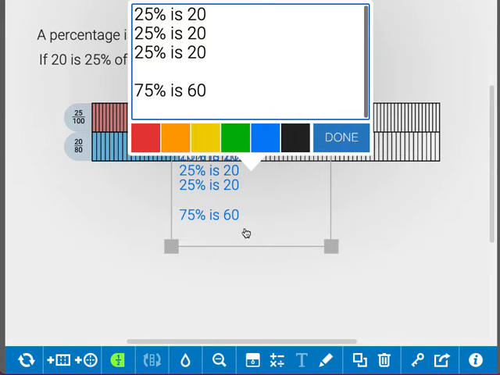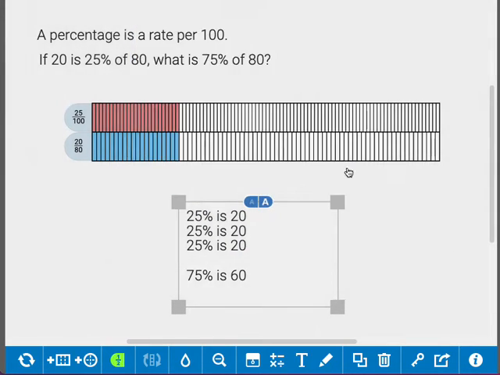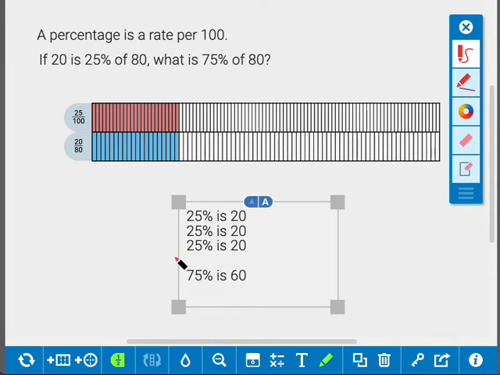So again, I'm going to show this as if I set it up as an addition problem, and I was just adding each of those parts. 25% 3 different times gives me 75%. So in this ratio, 20 out of 80, 3 different times is 60. So 75% of 80 is 60. 60 out of 80.